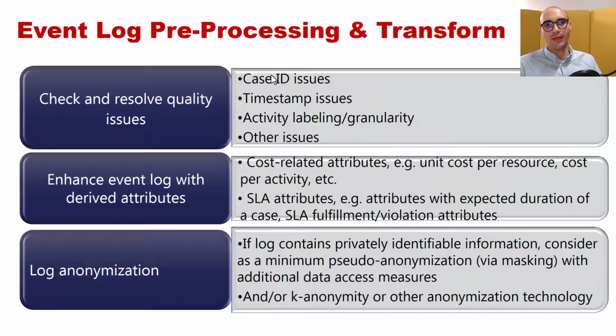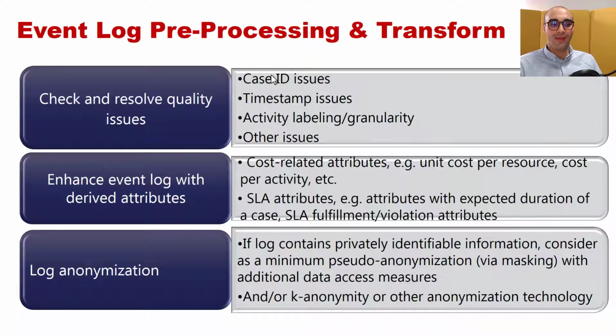Or also you can provide the cost per case. That would help you during the analysis when you calculate the cases that are conformant with SLAs or not. So you will have a simple filter when you have derived attributes. So just design the derived attributes in order to help you with your future analysis.